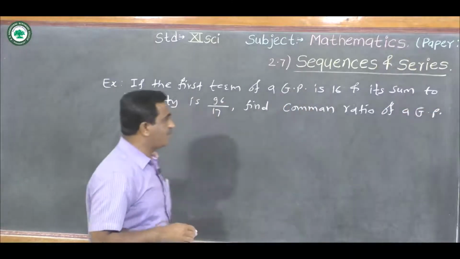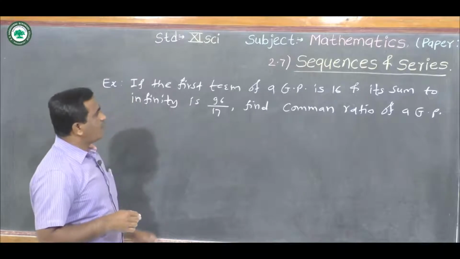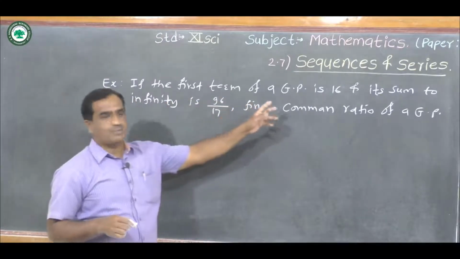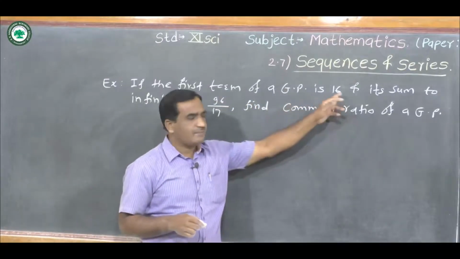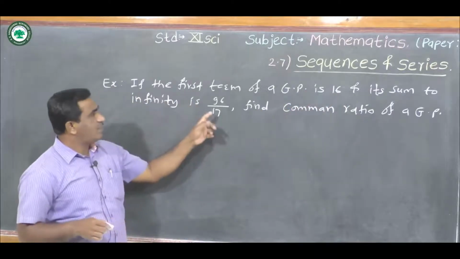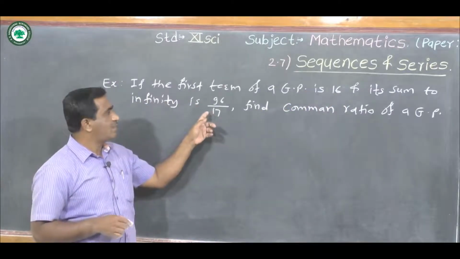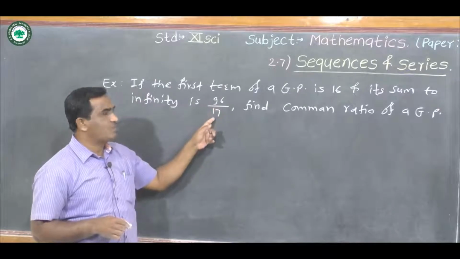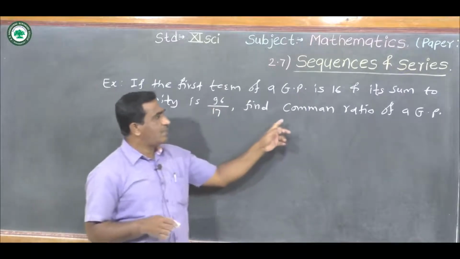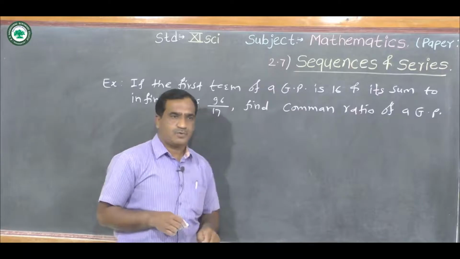Okay, very simple example here. Now here also we are given that the first term of the geometric progression, that is A equal to 16, and the sum to infinity, that is S infinity equal to 96 upon 17, and we have to find the common ratio of the geometric progression.